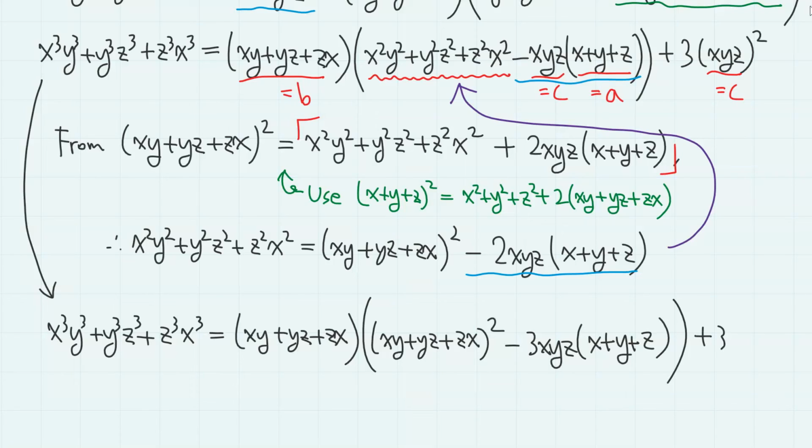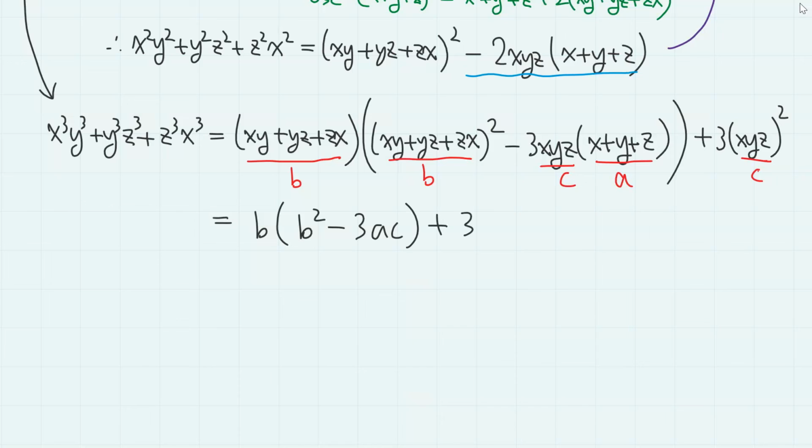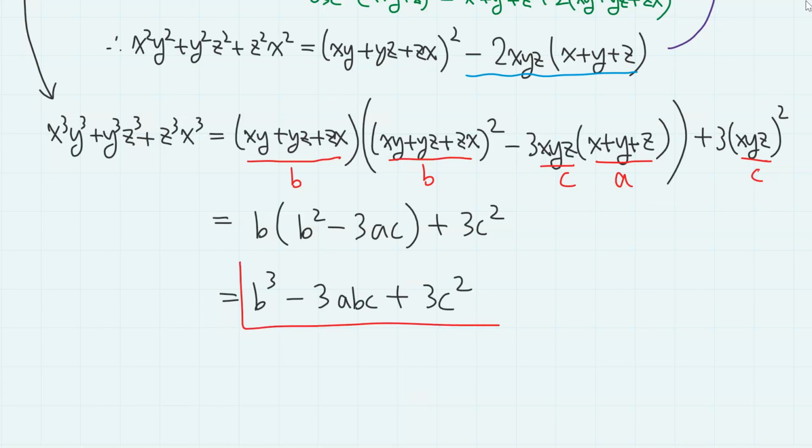So this plus 3xyz squared. So we have b times b squared minus 3ac plus 3c squared. So b cubed minus 3abc plus 3c squared. And this is our answer.